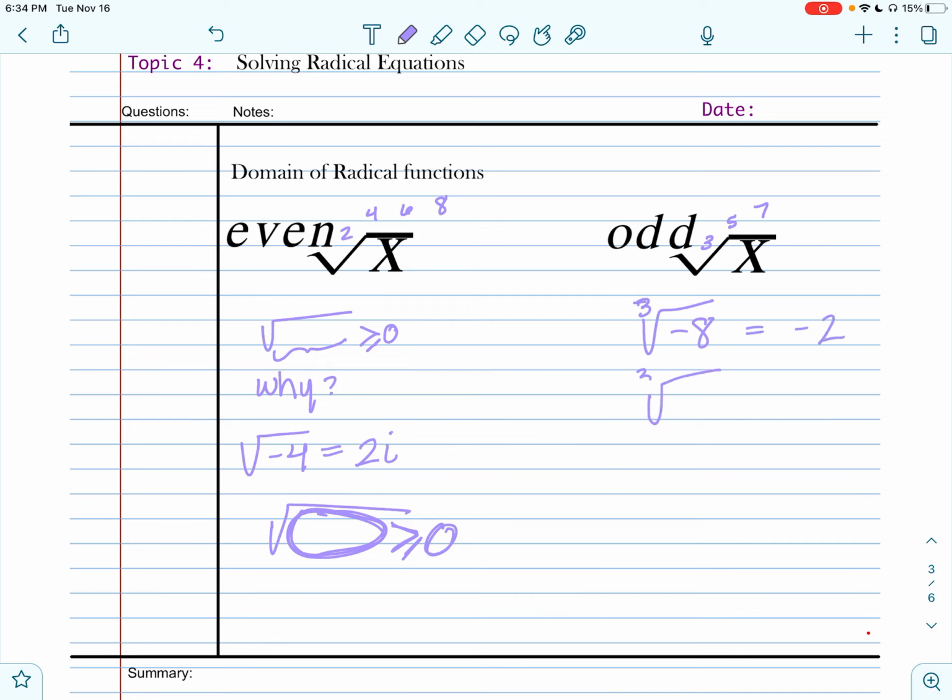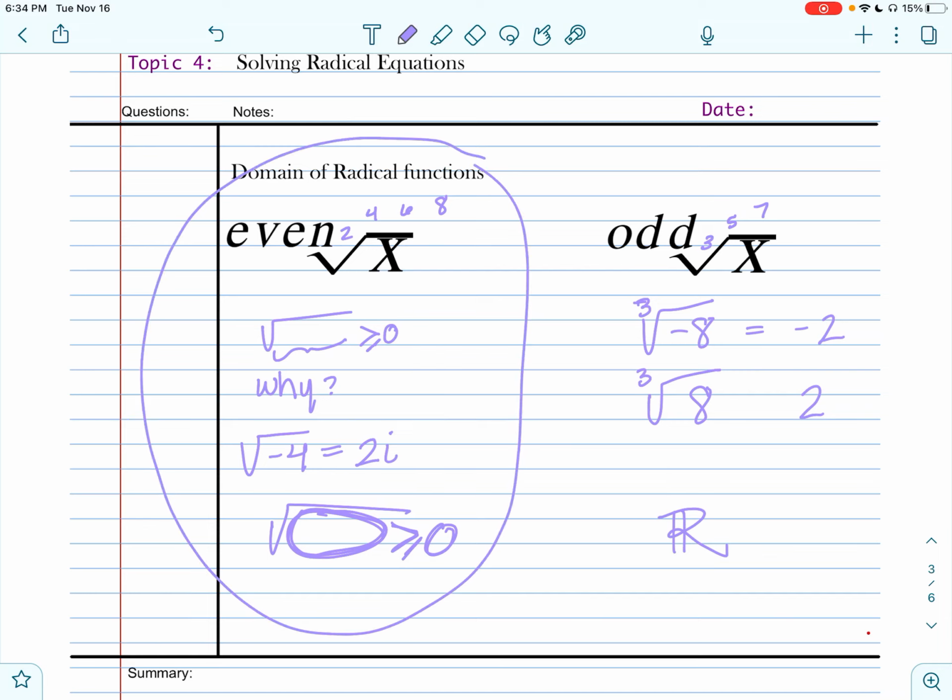And I can also take the cube root of positive 8, and it's positive 2. So for third, fifth and seventh roots, the domain is all real numbers all the time, so you don't have to be as careful. But remember about the even roots, that it does have to be positive underneath the radical symbol.